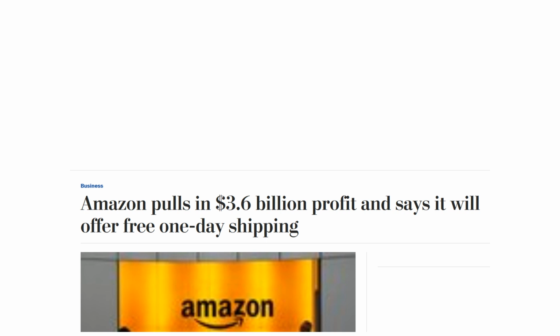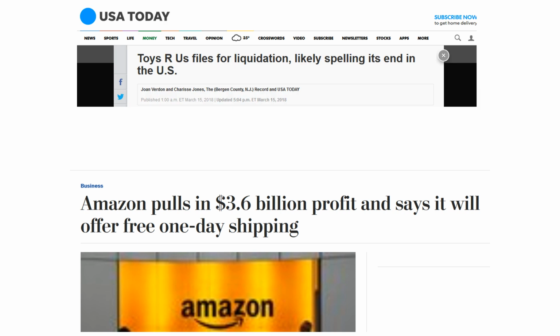They found ways to generate revenue with getting people to sign up for Prime. Their Amazon Web Services, which is like cloud computing and web hosting, is very profitable, but their retail operation was just losing billions of dollars every quarter until finally they killed off competition like, for example, Toys R Us.